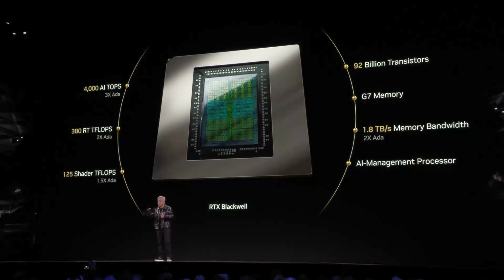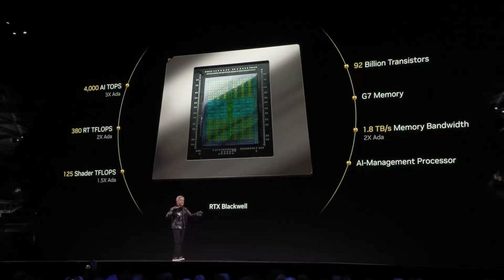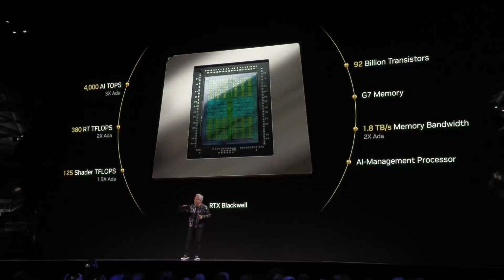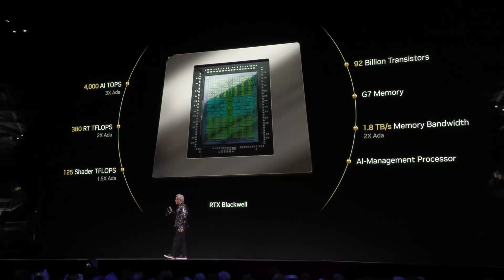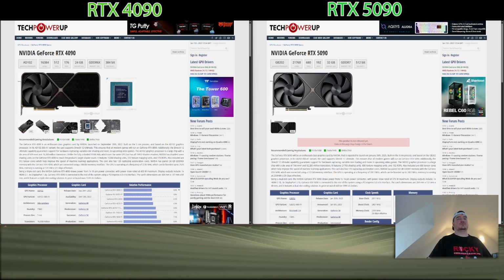He put a strong accent on its AI capabilities, the number of TOPS and the number of tensor cores, and how it's a lot bigger and a lot better than the previous generation. So I felt like he didn't go too much into the nitty-gritty of the card because he doesn't do that anymore, or they just want to market it differently.